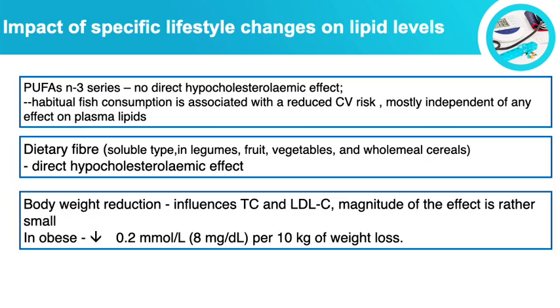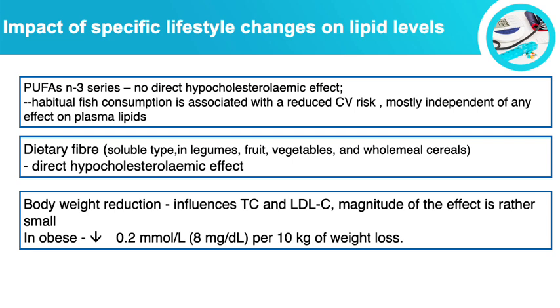With regards to the use of polyunsaturated fatty acid N3 series, although there is no direct hypocholesterolemic effect, habitual fish consumption is associated with reduced cardiovascular risk, mostly independent of any effect on plasma lipids. Dietary fiber in the form of the soluble type found in legumes, fruit, vegetables, and wholemeal cereals is noted to have a direct hypocholesterolemic effect.